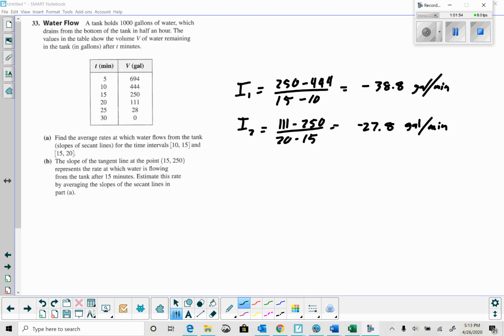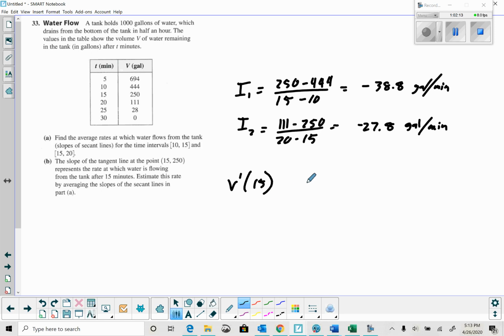So what they're asking you to do in part B here is estimate the slope of the tangent line at that point by averaging the slopes of the secant lines that we did in part A, which is really the derivative.